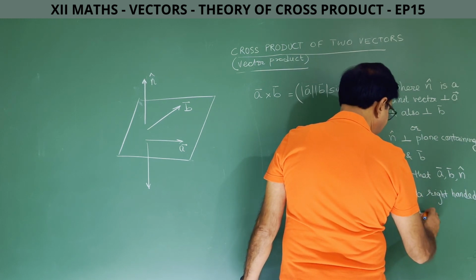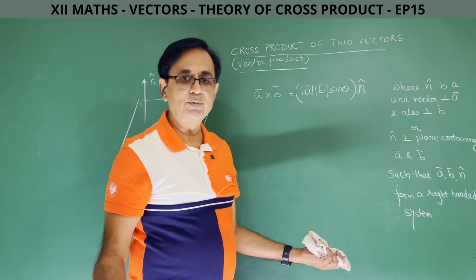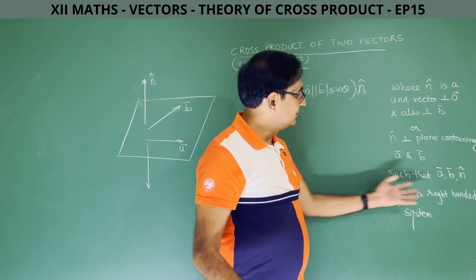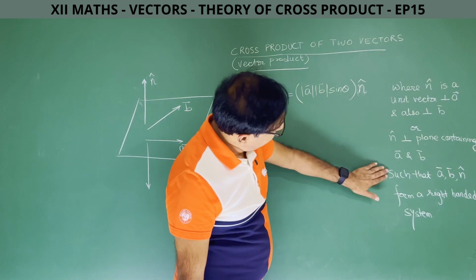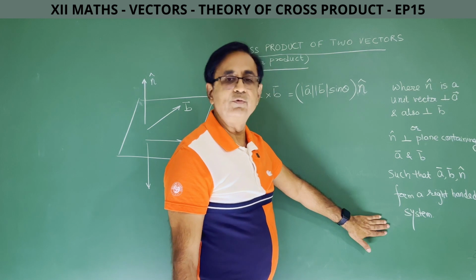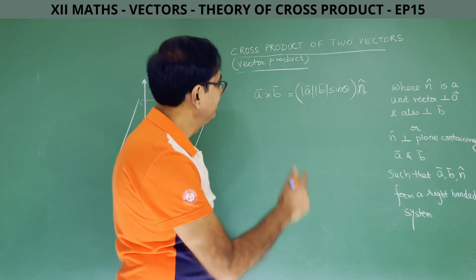Now you will be wondering what suddenly sir has spoken now. What is this thing, such that A, B and n cap form a right-handed system? This really doesn't make any difference. Even if you forget it, no numerical will be using it, but still I am going to explain to you.